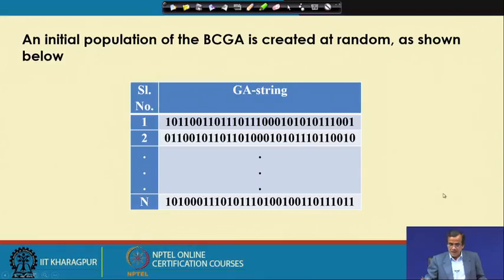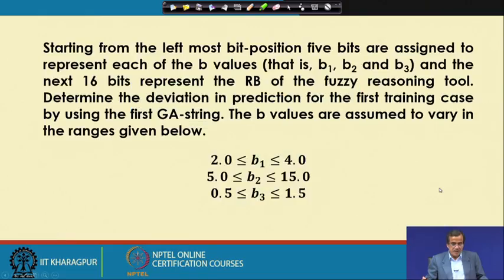Now, once you have this GA string, we will have to state the range for the variables. Whatever I mentioned, I have written here. Starting from the leftmost bit position, 5 bits are assigned to represent each of the B values, B1, B2 and B3, and the next 16 bits represent the rule base of the fuzzy reasoning tool. Our aim is to determine the deviation in prediction for the first training case by using the first GA string.